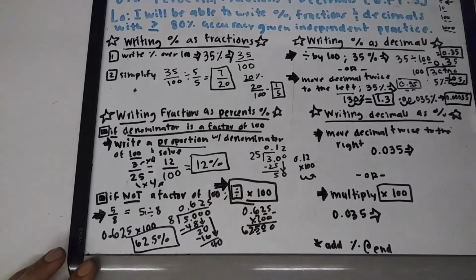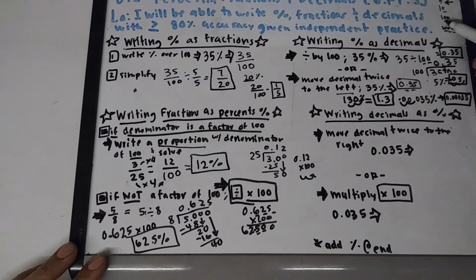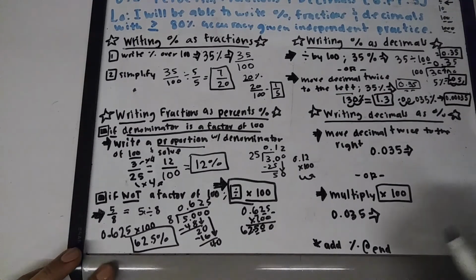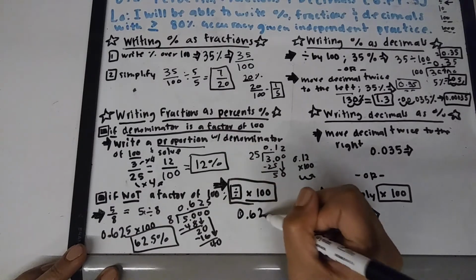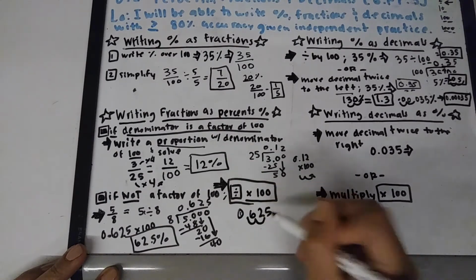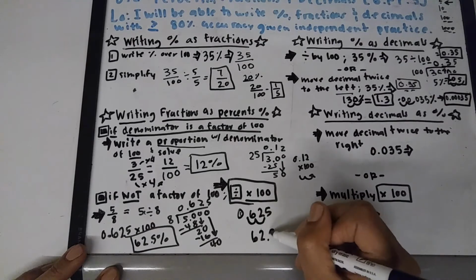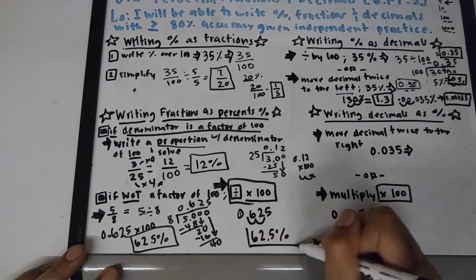But if you remember this trick, when we multiply by 100, I'm going to move the decimal two places to the right of the number. So I don't have to do this one. I can just say, okay, this is 0.625. The decimal is right there. So I get 1, 2, bada boom, 62.5. And don't forget to add the percent symbol.